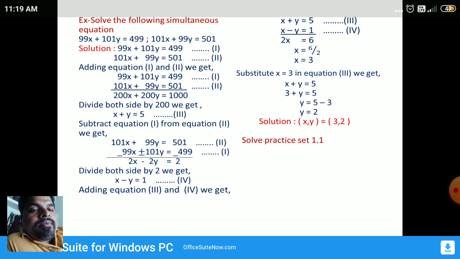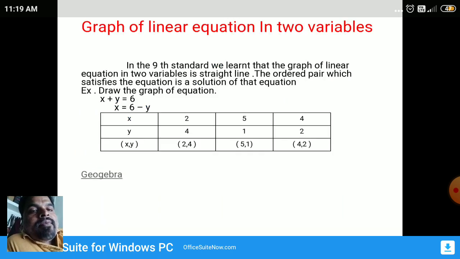The next point, the graph of linear equation in two variables. In the 9th standard, we learned that the graph of a linear equation in two variables is a straight line. The ordered pair which satisfies the equation is a solution of that equation.